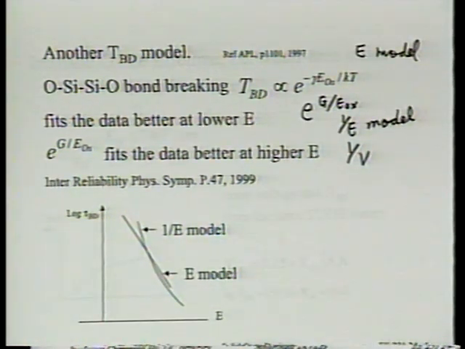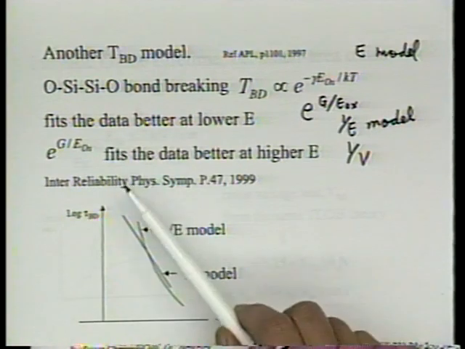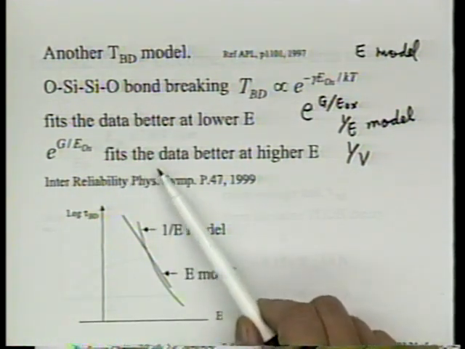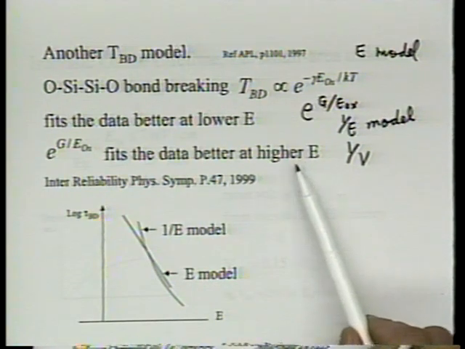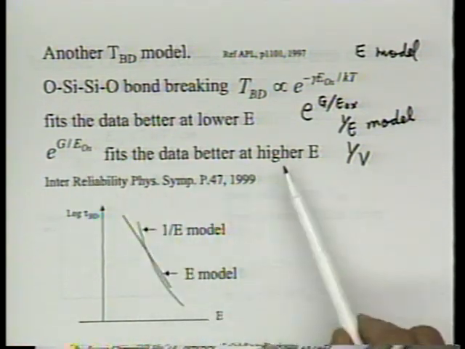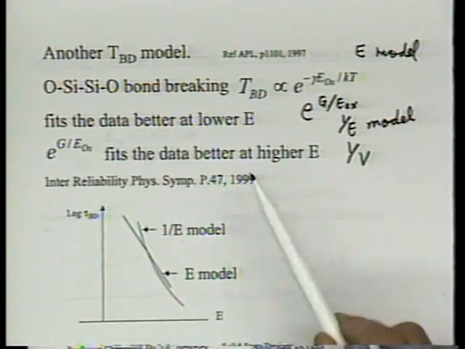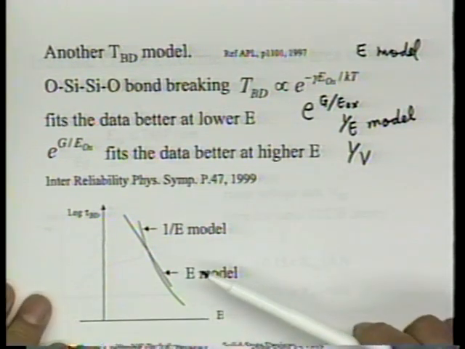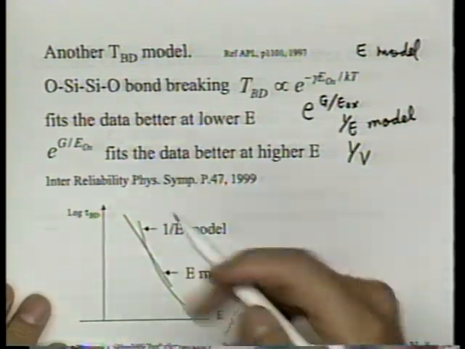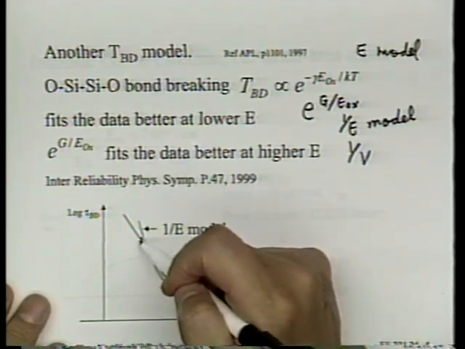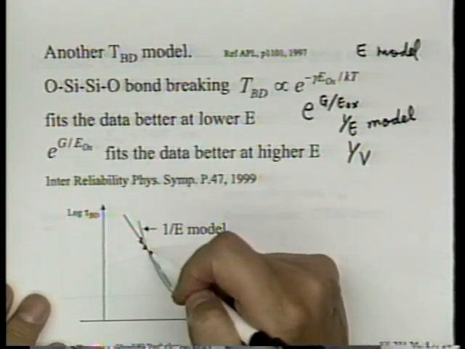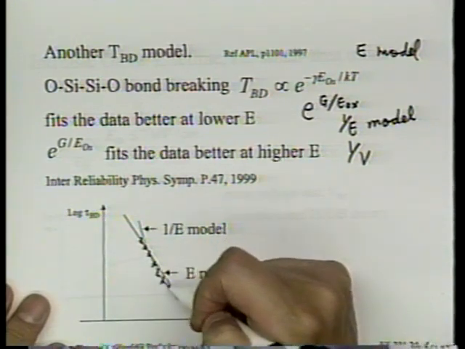And what people find is that the data seems to fit the 1 over E model better at high electric field, and fit the E model better at the lower electric field. In other words, it's very difficult to say what the data looks like, but one way you can say is that the data perhaps looks like this, all right?